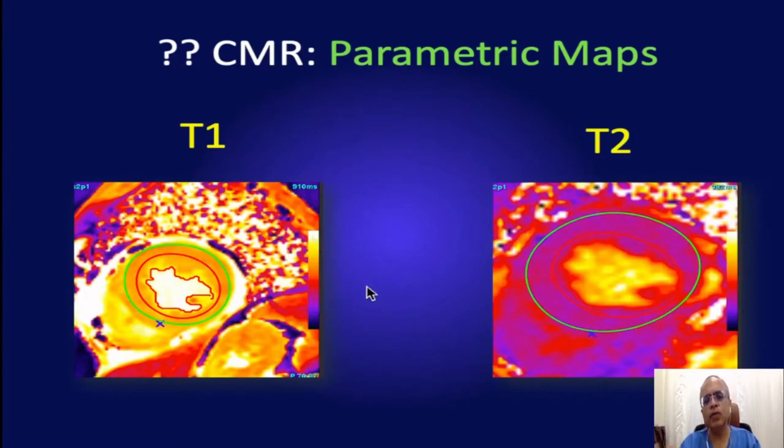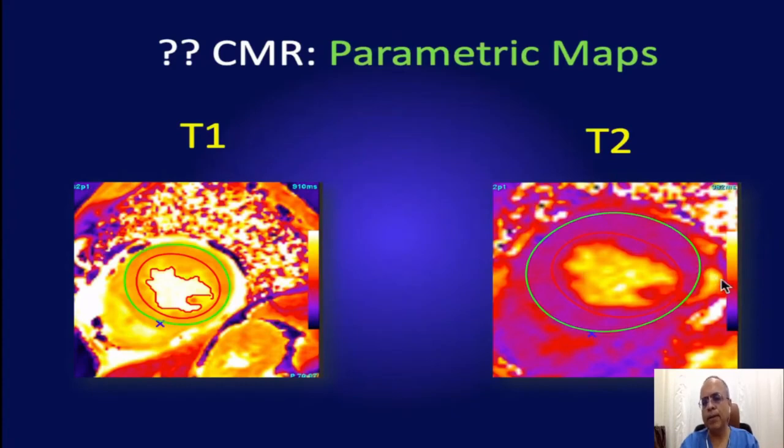So it is similar to our strain maps or our color Doppler, where the velocity is given in the form of color maps. Here the T1 values are spread out as per this particular color map. The higher values will be lighter, lower values will be darker.